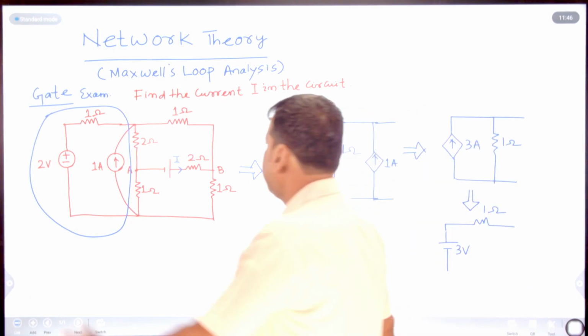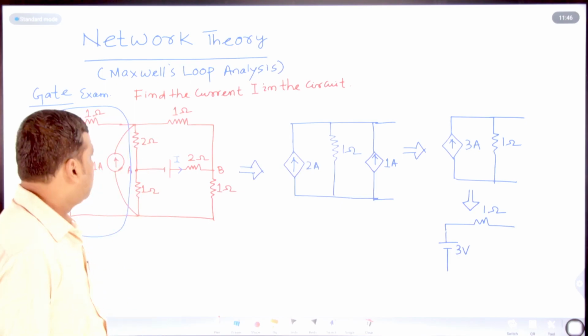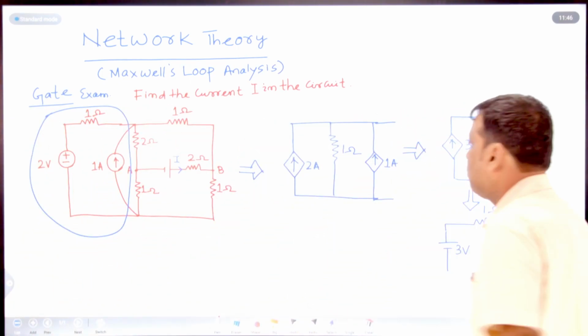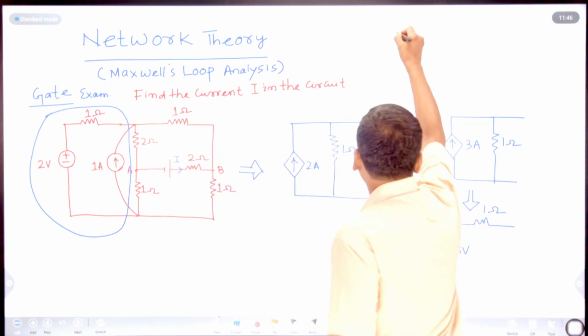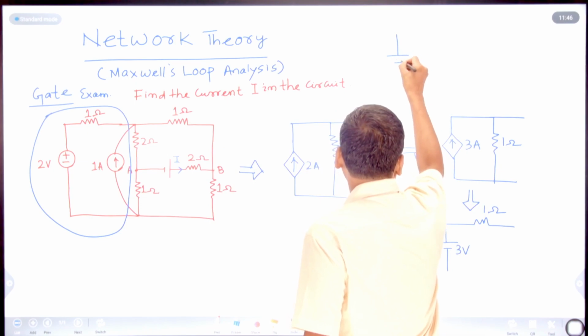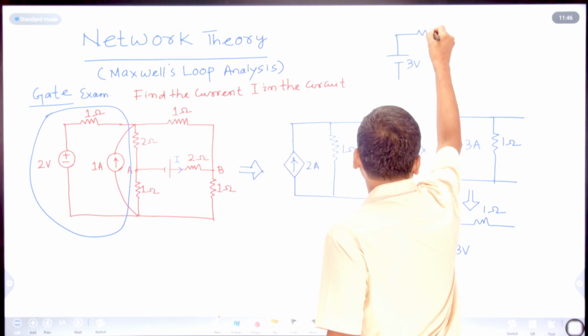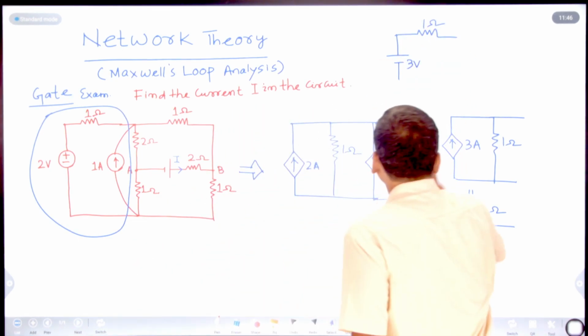So, instead of this we can put this 3 volt with 1 ohm resistor. If we redraw the circuit, the circuit will be like this. This is your 3 volt and this is your 1 ohm.